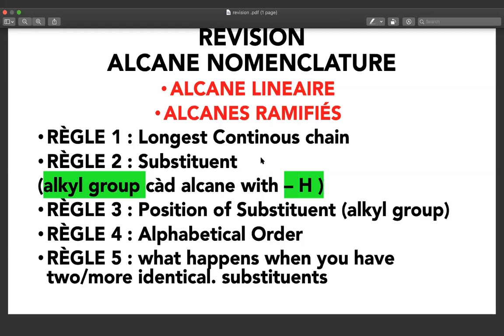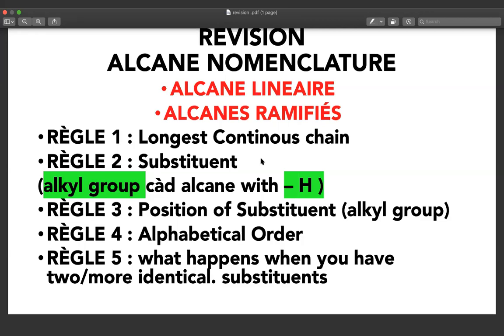So now, with further study on linear alkenes, we asked, what if the alkene is linear and is substituted with an alkyl group? How do you name it?